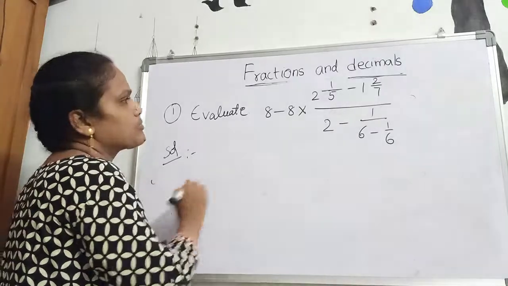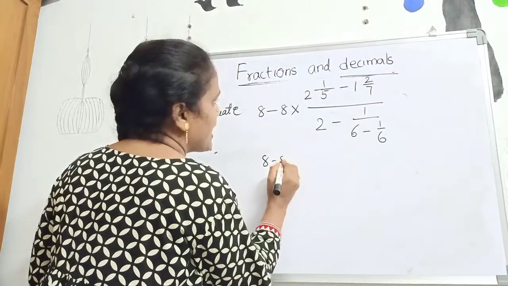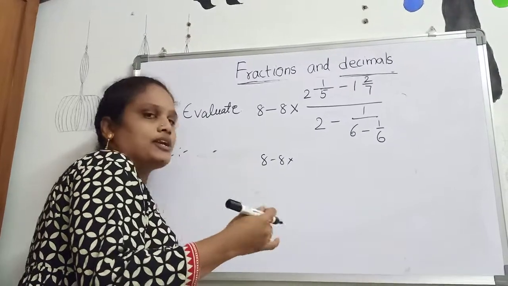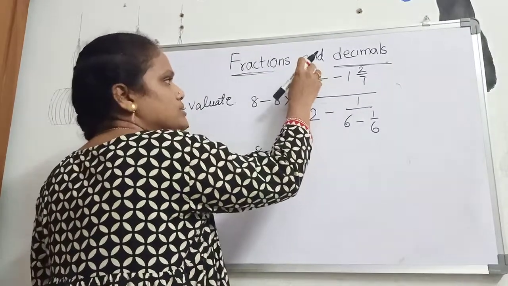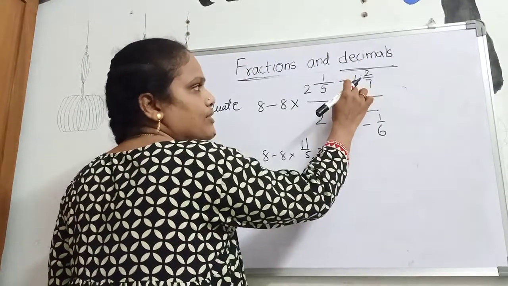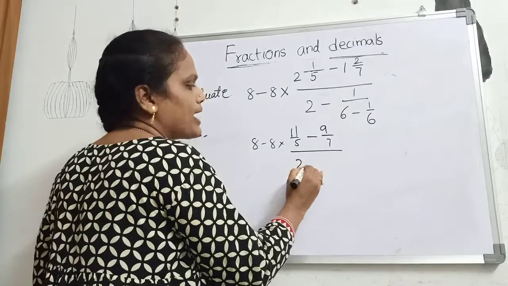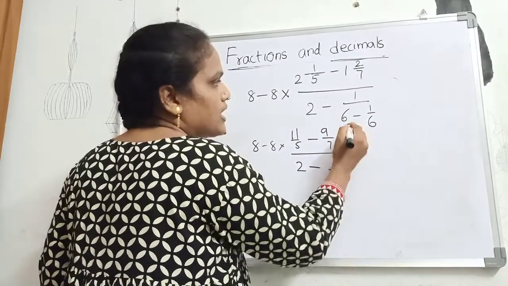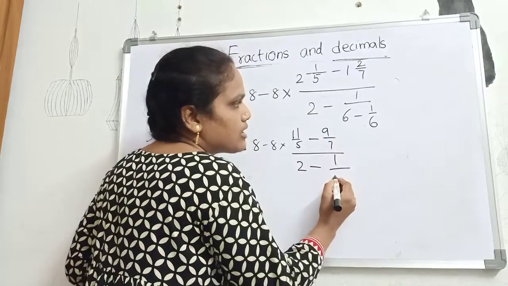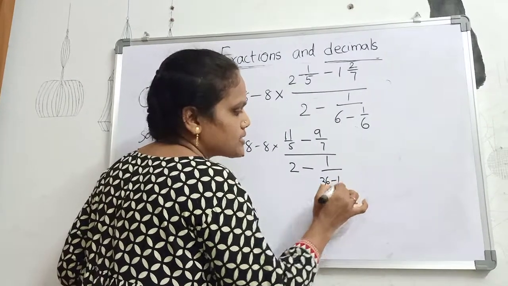So 8 minus 8 into, first we have to convert the mixed fractions into simple fractions. So 5 2s are 10, 11 by 5 minus, this is also 7 1s are 7, 7 plus 2 is 9, 9 by 7, by 2 minus 1 by, here we can do the LCM. 36 is the LCM, 36 minus 1.